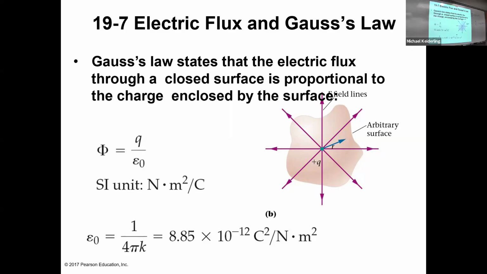If you have some arbitrary surface, you can work out the total electric flux that's coming out through that surface. That tells you how much charge is enclosed within the surface.